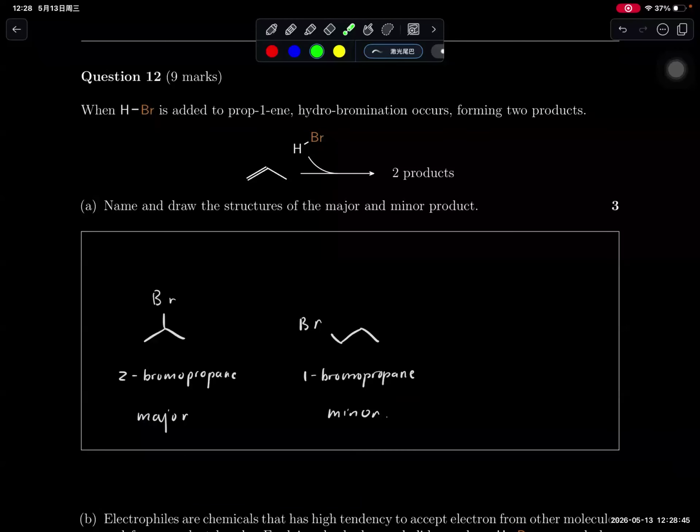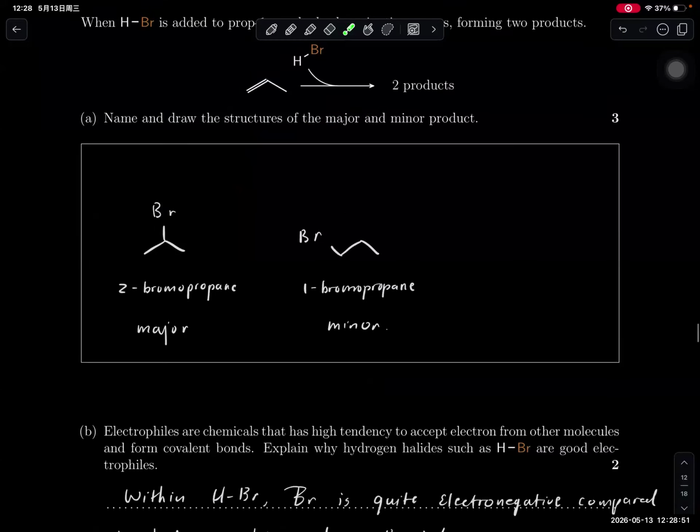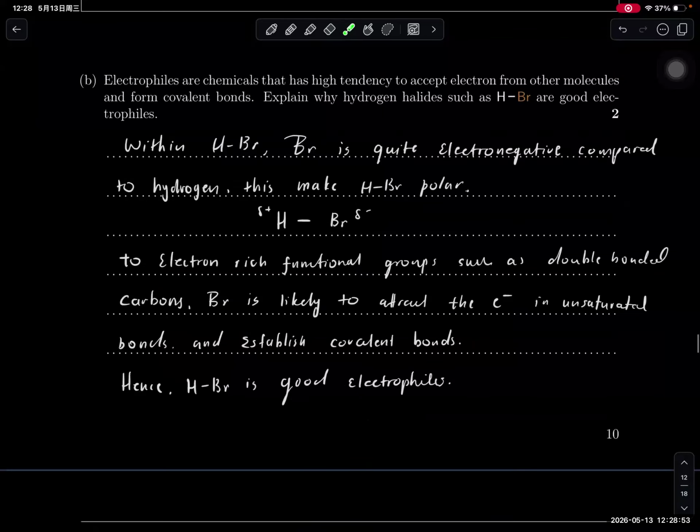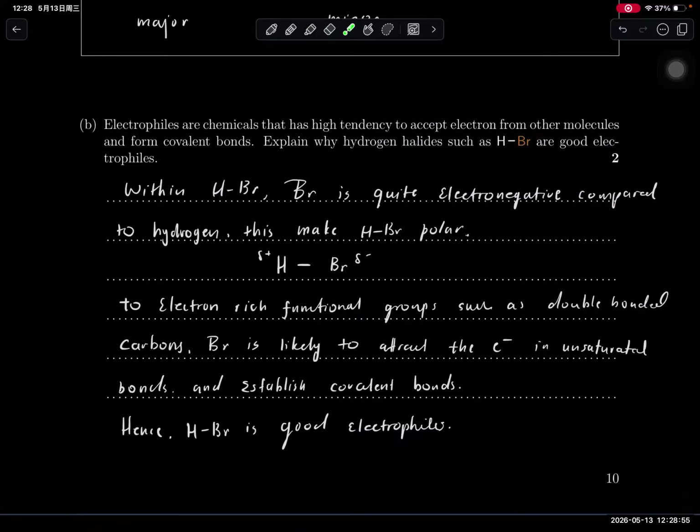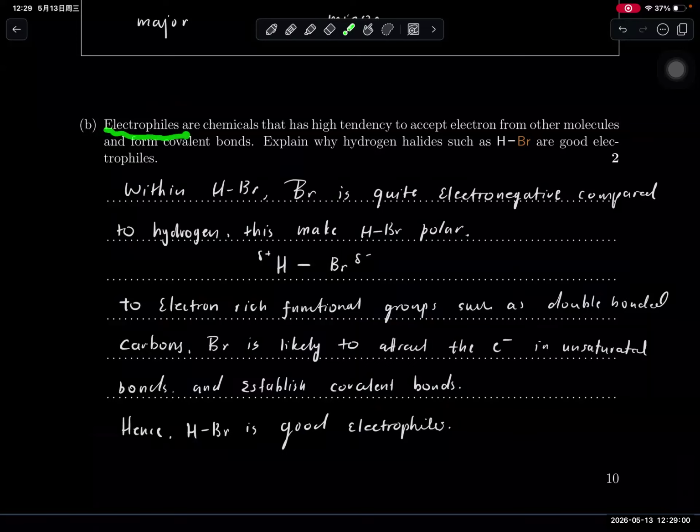Question 12: hydrobromic acid, again hydrogenation, we have two products, a major and a minor, very repetitive stuff. This one goes a little beyond the syllabus, but lets you think about the chemical mechanism. Electrophiles are chemicals that have a high tendency to accept electrons from another molecule and form covalent bonds. Explain why hydrogen halides such as HBr are good electrophiles.